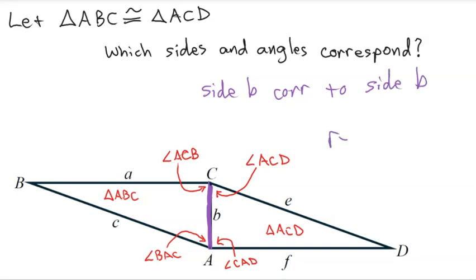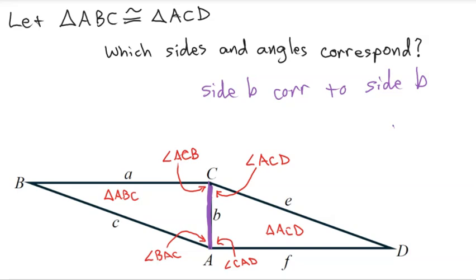That's called the reflexive property in geometry. It means that a geometric object is congruent to itself and it corresponds to itself. Okay, but that doesn't always happen in all triangles. Sometimes it doesn't correspond to itself.